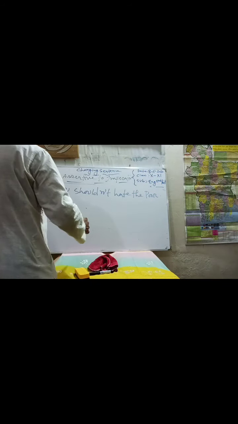Instead of should not, we use don't, and then we use the principal verb and extension. So you shouldn't hate the poor. The imperative sentence will be: Don't hate the poor. We use don't instead of shouldn't. And as for the second person, we don't use it in an imperative sentence.